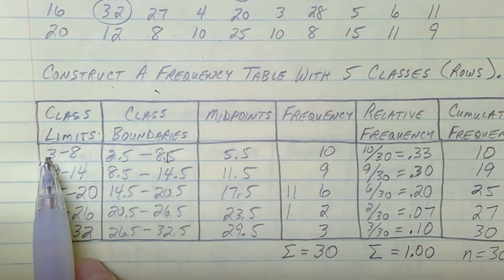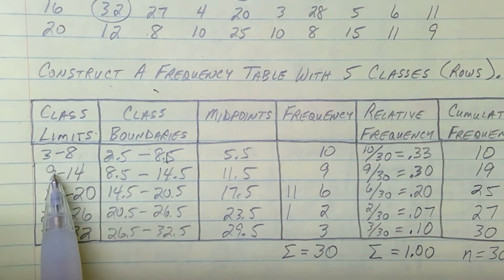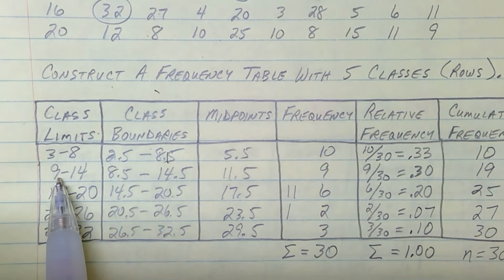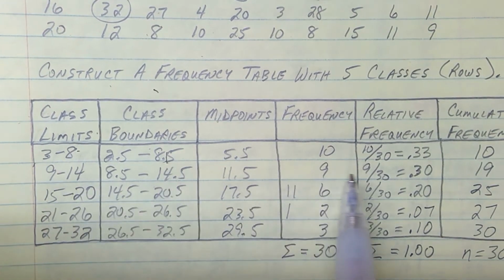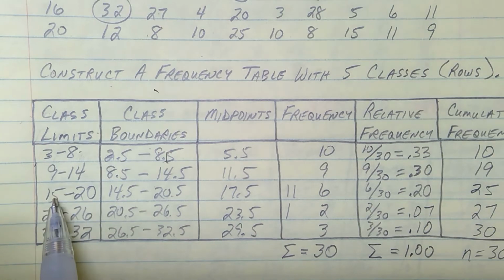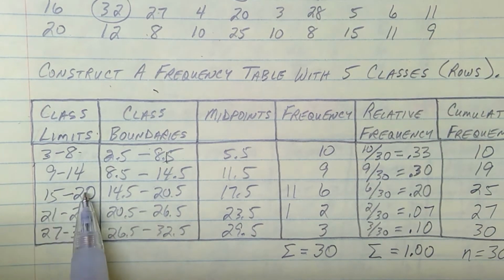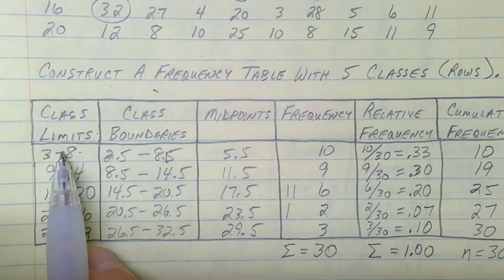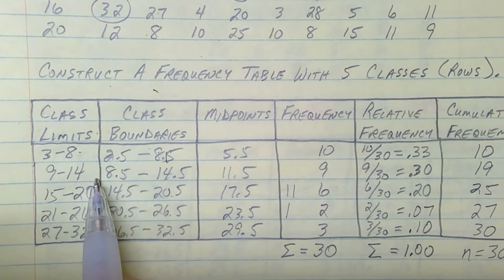You have to include the number you start with as one of the numbers. So 3, 4, 5, 6, 7, 8. That's 6 numbers. And then 9, 10, 11, 12, 13, 14, that's 6 numbers. So the numbers 9 through 14 we'll record on the second row. And then 15, 16, 17, 18, 19, 20, that's 6 more numbers. Anytime that value occurs, we're going to record it on the third row, and so on, all the way up to 32. So now that we have a row for every value in our table, we know where everything falls.